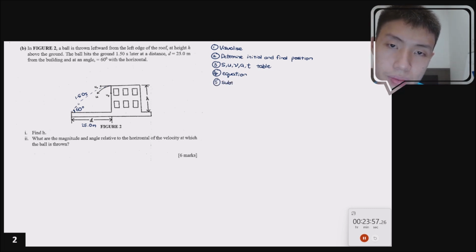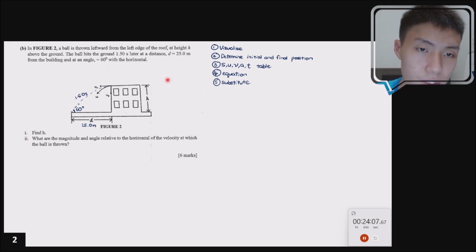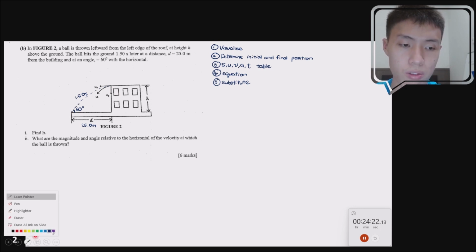Okay, let's try to do it. Visualize is done. Let's look at the first question to see where is the initial and final position for that question. First question is find H. H is the height of the building. So for that, we can safely assume that we will need to pick an initial and final position, one at the top of the building, one at the same height as the bottom of the building.